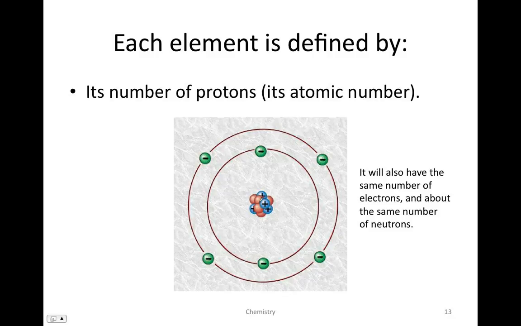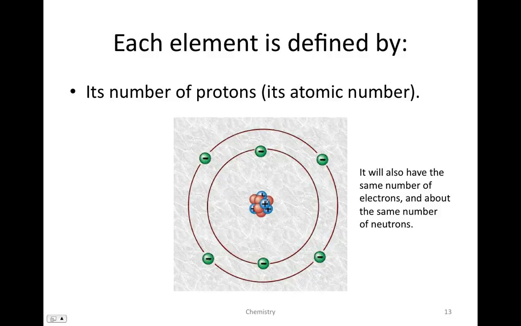Now there are other subatomic particles here. There are the neutrons in red. They're not literally red, but they're drawn in red here. And the electrons that are shown orbiting, and those are shown in green here. Because the protons are positively charged and the electrons are negatively charged, to have a net neutral charge, no net charge, net charge of 0, then you have to have the same number of electrons as you have protons.